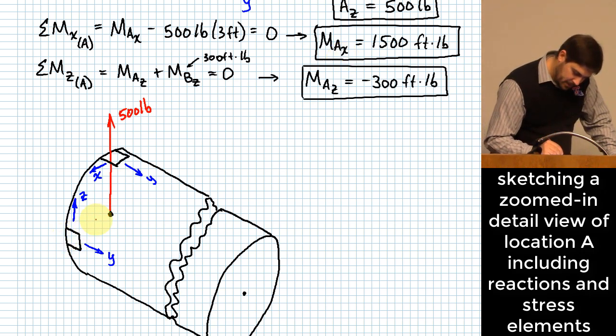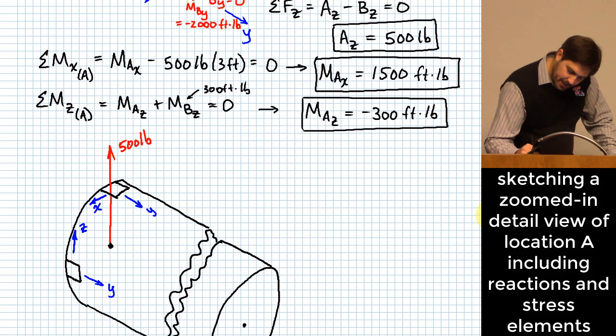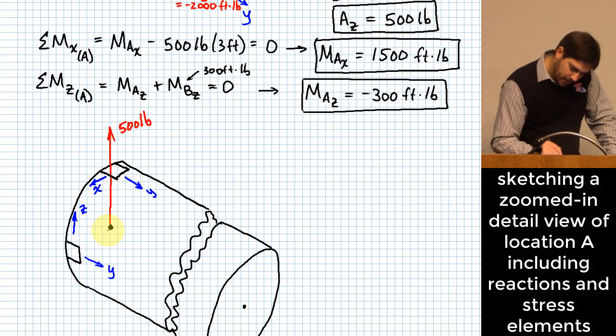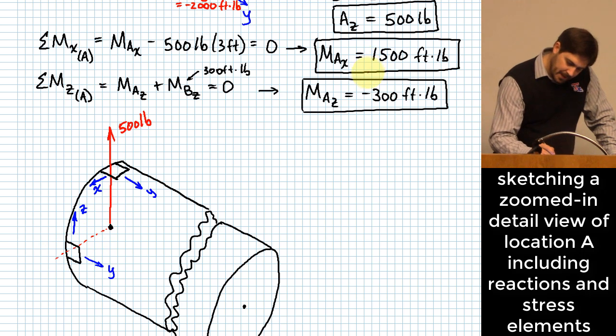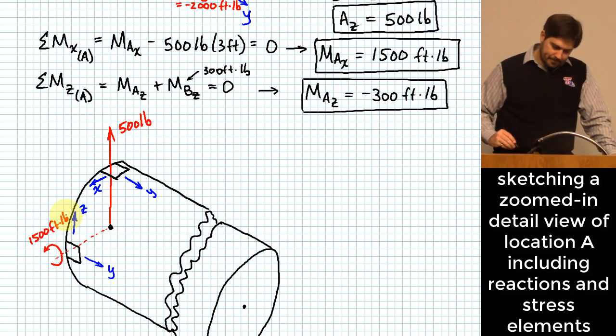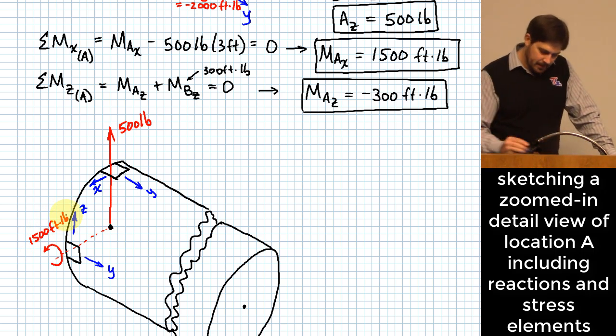Okay, so did I have an X force? I don't have an X force, right? So all I have here is just this MAX of 1,500 foot-pounds like this. Okay.